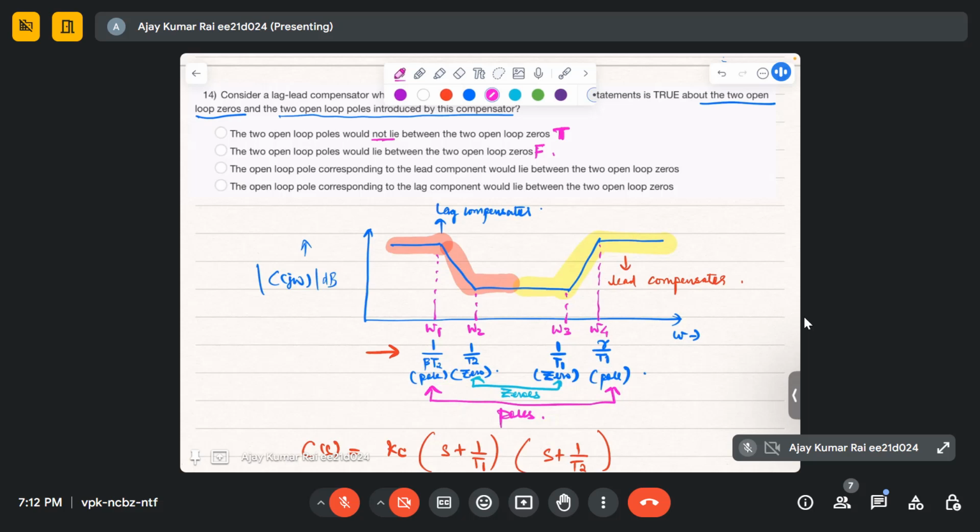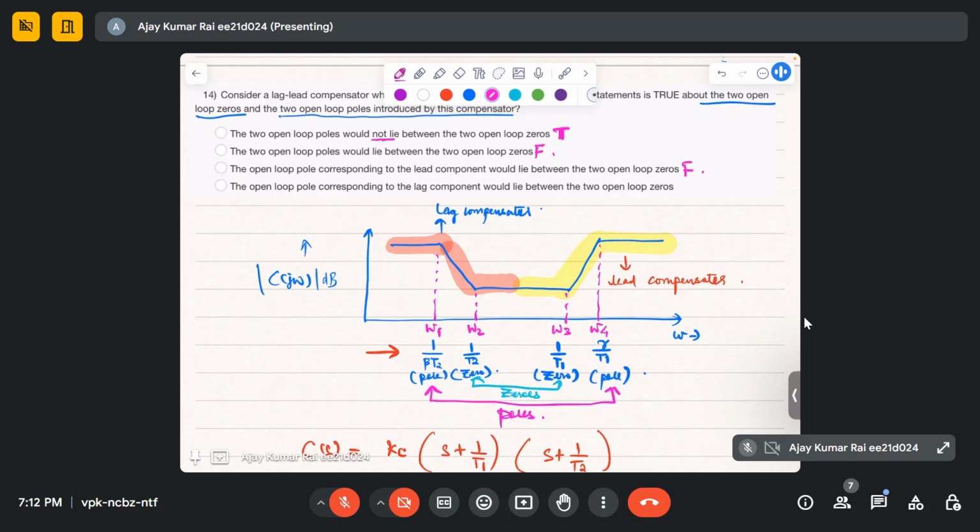Would it lie between two open loop zeros? No, right? So this statement is also false. Nothing is lying between two open loop zeros, right?